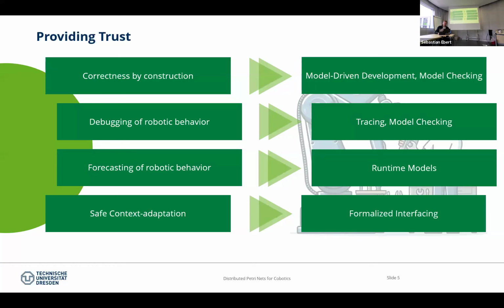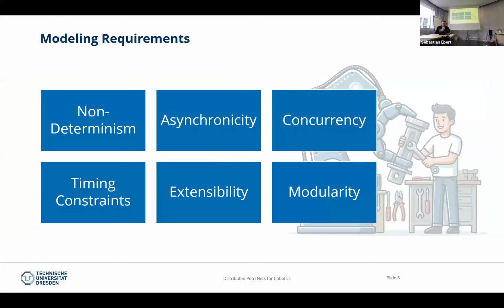And if we want to model such a system, we have different modeling requirements. So we need some kind of formalism which provides everything which has a robotic word, which is non-determinism, which is basically the case because the universe is non-deterministic, so everything around the robot too, so everything can happen at all times. And we have asynchronicity, especially in connection to concurrency, because we have distributed applications which interact with each other.